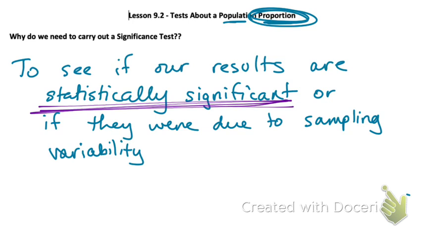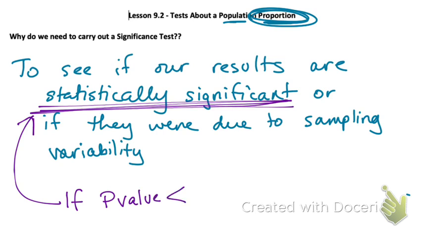What does it mean for our results to be statistically significant? Our results are going to be statistically significant if our p-value is less than the significance level of alpha. If your p-value is less than alpha, then you have statistically significant results because you can reject the null hypothesis in favor of the alternative, the suspicion, the claim.